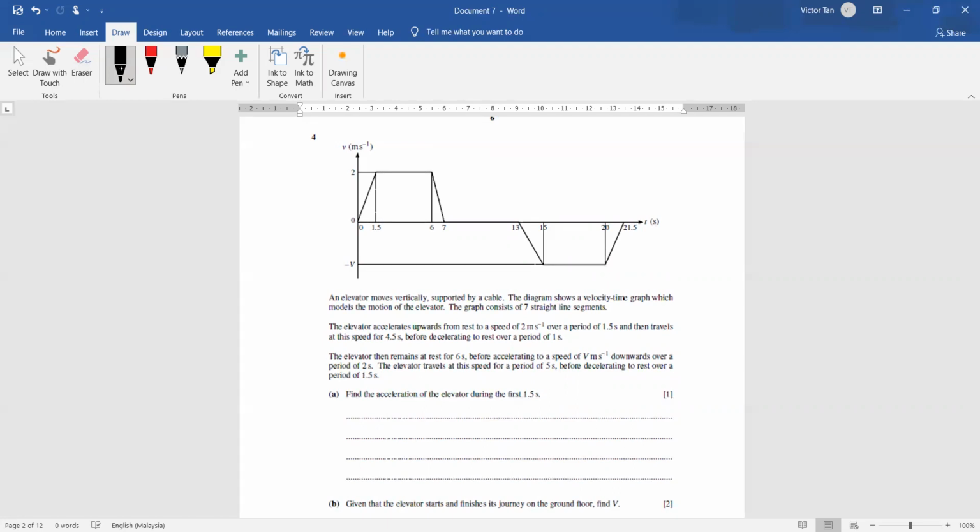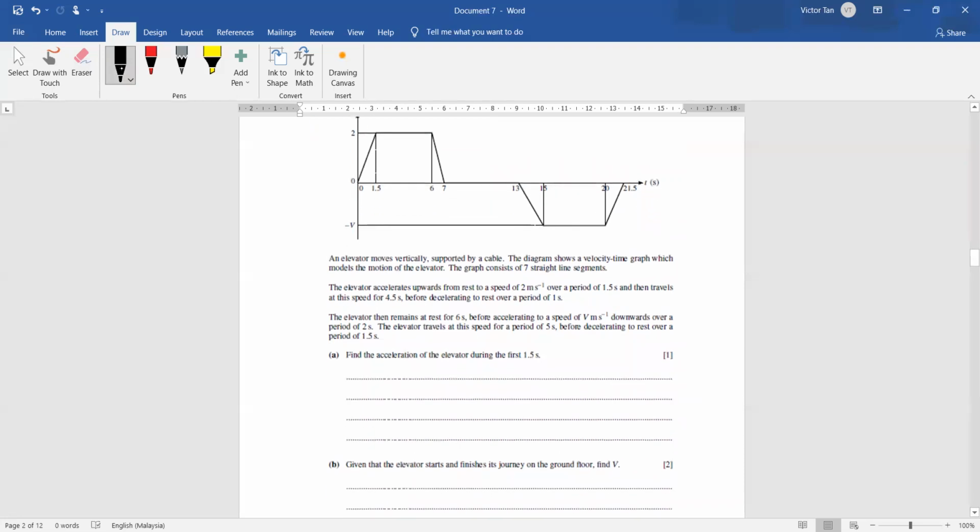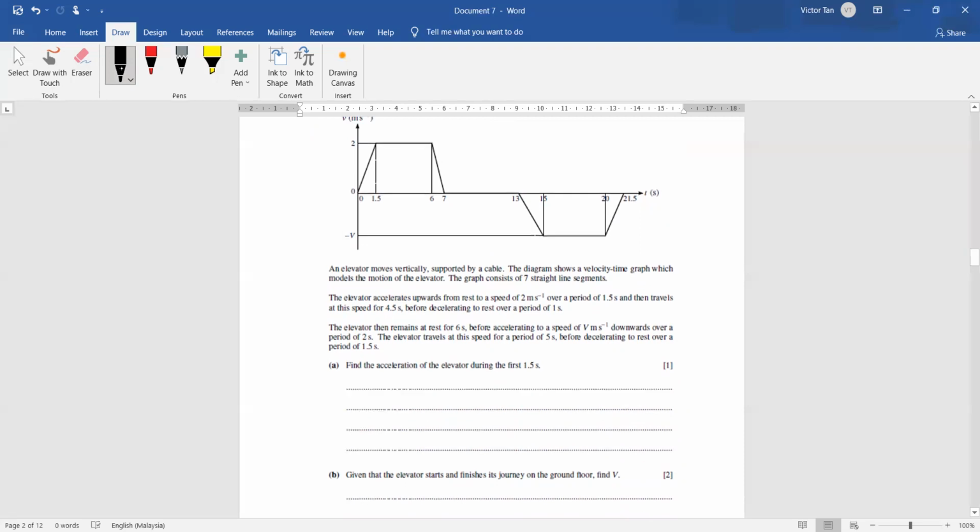The elevator then remains at rest for 6 seconds before accelerating to a speed of V meters per second downwards over a period of 2 seconds. The elevator travels at this speed for a period of 5 seconds before decelerating to rest over a period of 1.5 seconds. Find the acceleration of the elevator during the first 1.5 seconds.